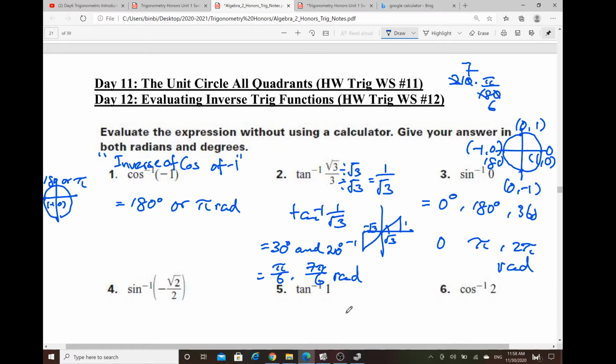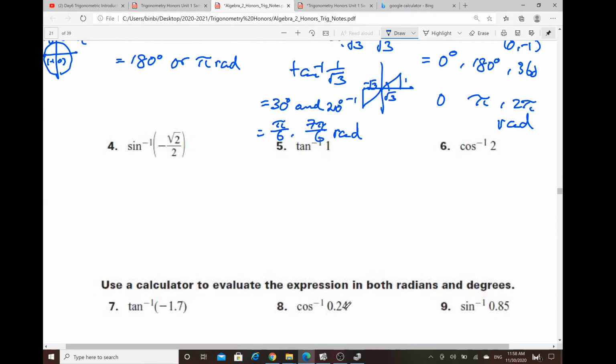Now let's look at one of the special cases, the one that's showing no solution. Like number 6, inverse of cosine of 2. Well, you can state that as 2/1. In other words, cosine of theta equals 2/1. That means the adjacent is longer than the hypotenuse, and there's no way this can be true.